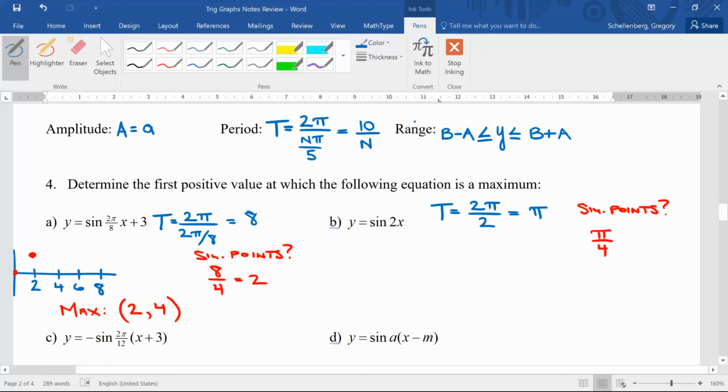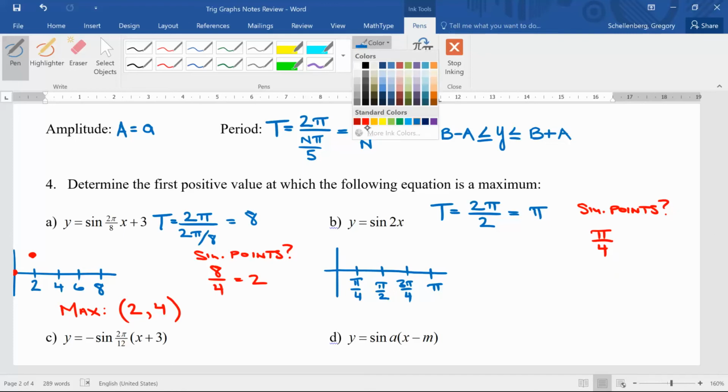Okay, give ourselves a visual. Our period is pi. Break that up into 4 equal parts. This is pi over 4, 2 pi over 4, which is pi over 2, 3 pi over 4.